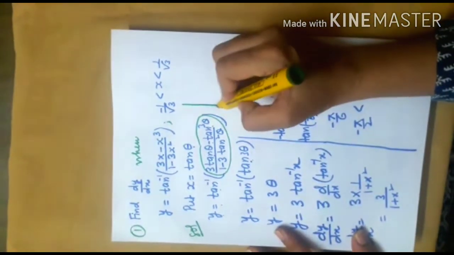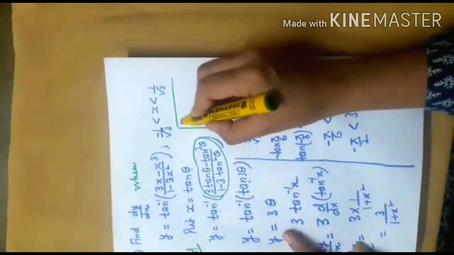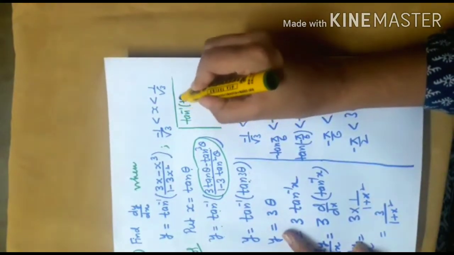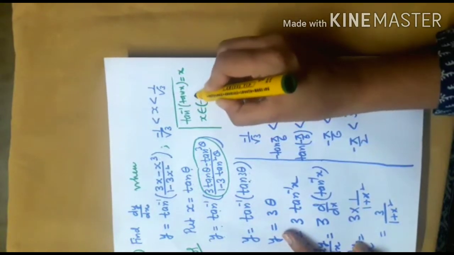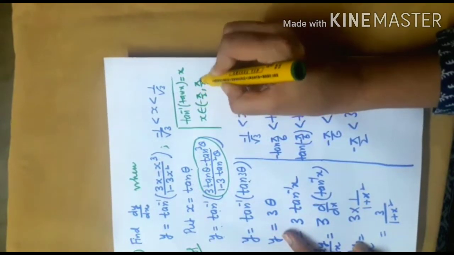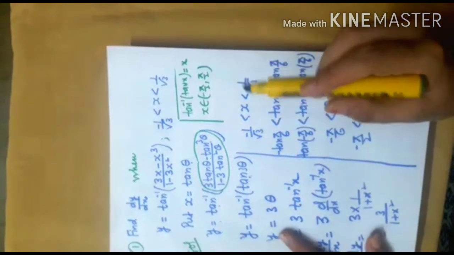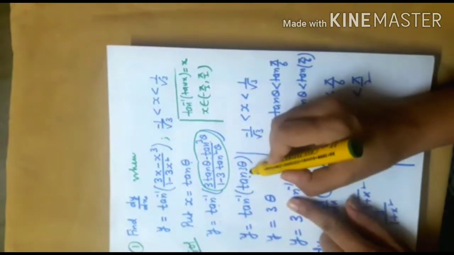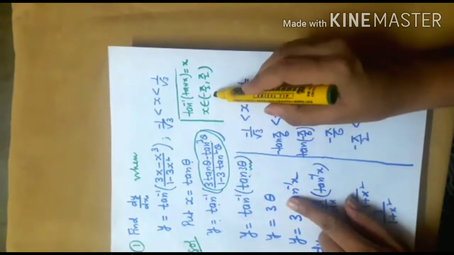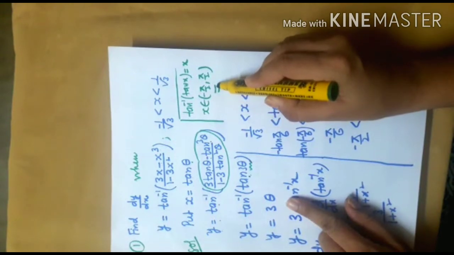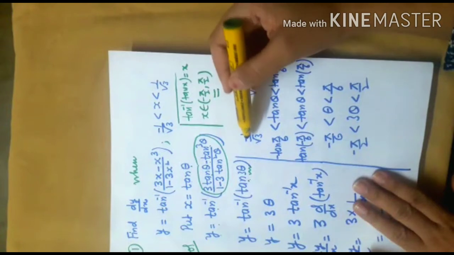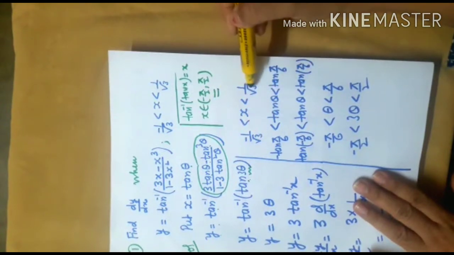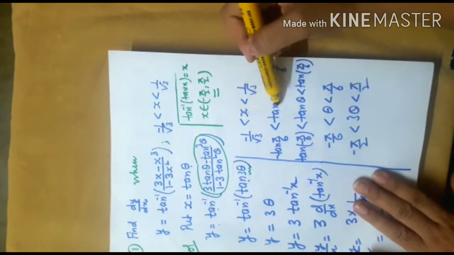Now we learned that tan inverse tan x is equal to x when x belongs to the open interval minus pi by 2 to pi by 2. So now I have to check whether 3 theta belongs to this interval or not. We are given that x is greater than minus 1 over root 3 and less than 1 over root 3. X is tan theta.